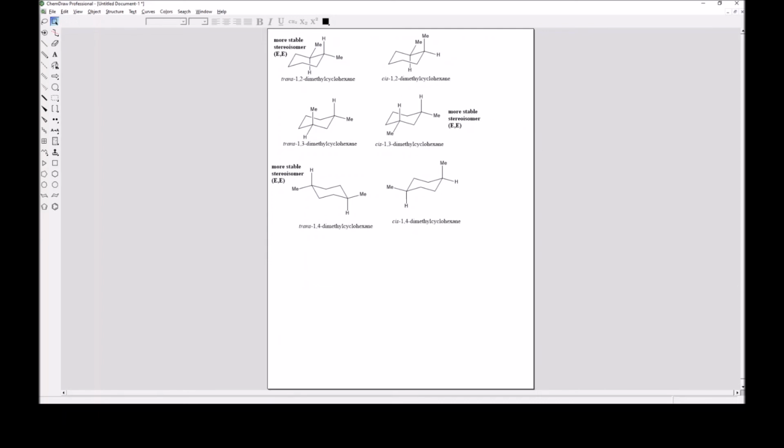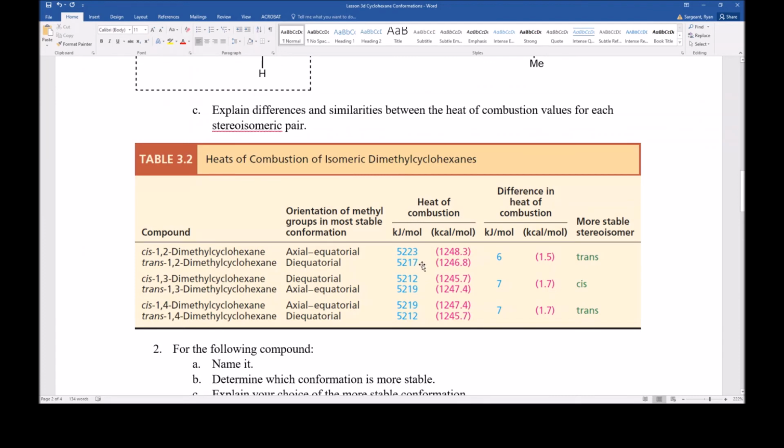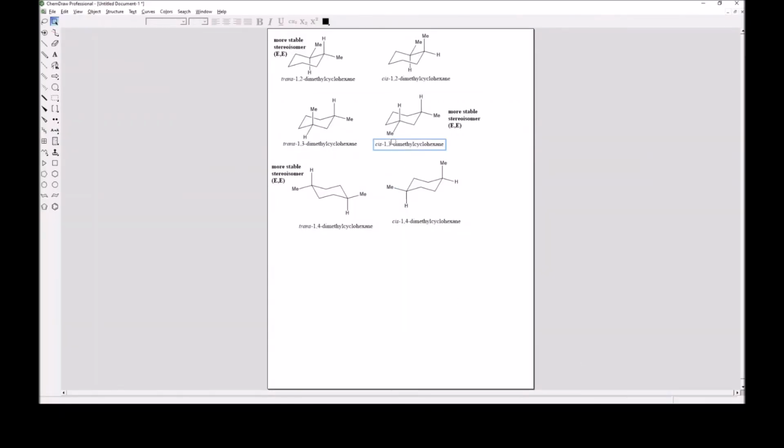So what you're seeing in the data table is a small penalty for the 1,2-dimethyl cyclohexanes due to the steric collisions between their methyl groups that is not found in the 1,3 and 1,4-dimethyl cyclohexanes, where we can separate those methyl groups further apart.